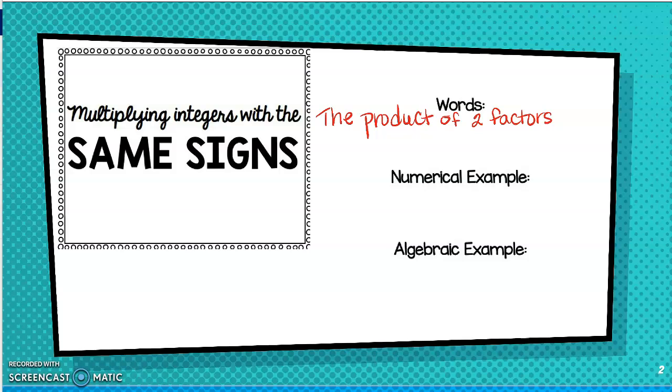The product of the two factors with the same signs will always be positive. So I'm going to give you a moment to write that down. The product of two factors with the same sign will always be a positive answer.